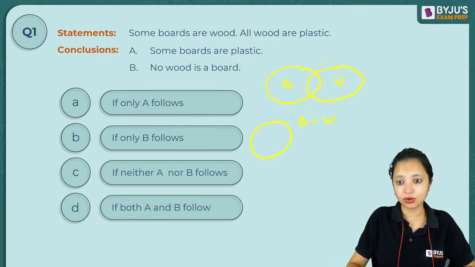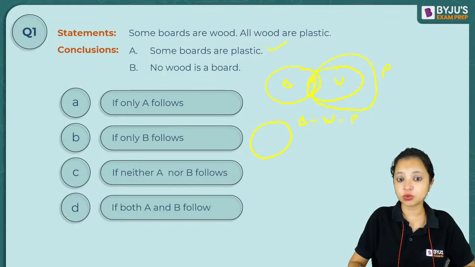Can I make all wood are plastic like this? All wood are plastic, and all wood are plastic can be made here as well. The first conclusion says some boards are plastic. Is some boards are plastic correct here? Yes, that's correct here. A will absolutely follow.